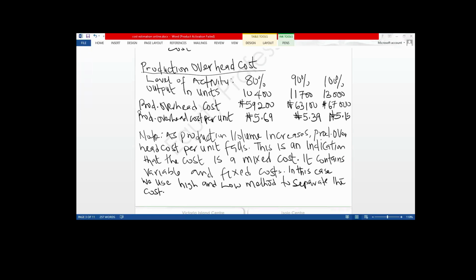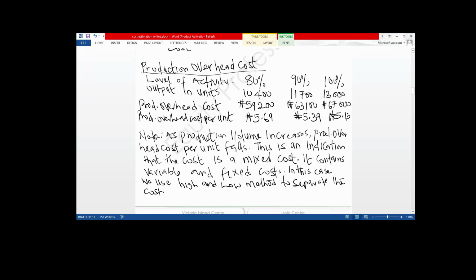The more we produce, the more variable cost incurred. Total variable cost will rise as you produce more, but variable cost per unit will remain constant.